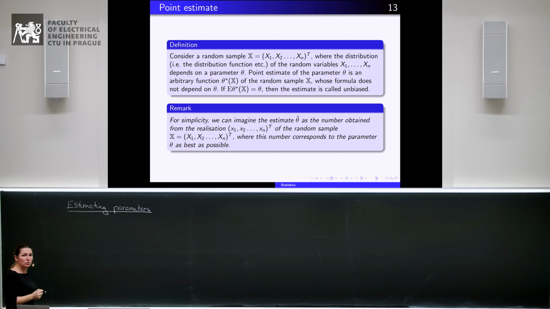So, as I told you last time, we have in fact two types of estimates. The first one is the point estimate.